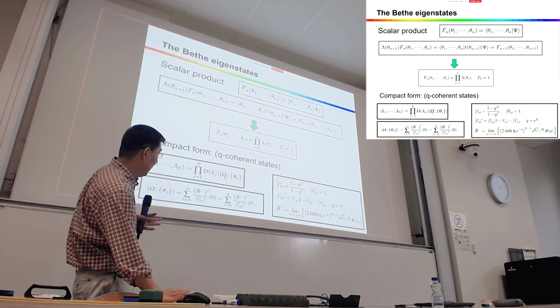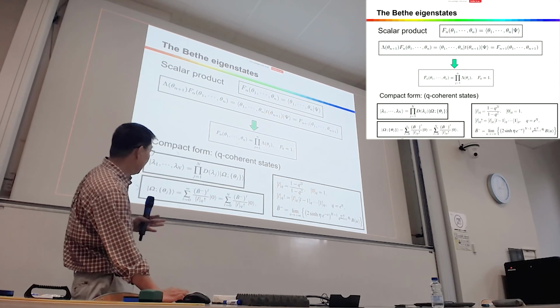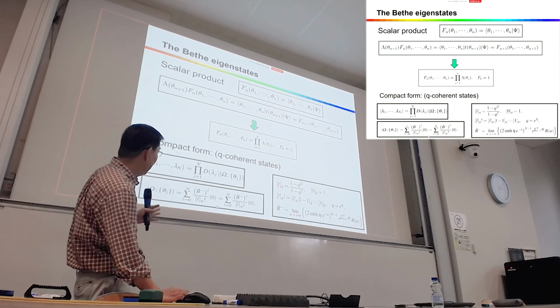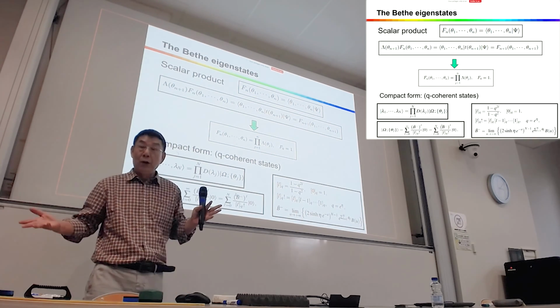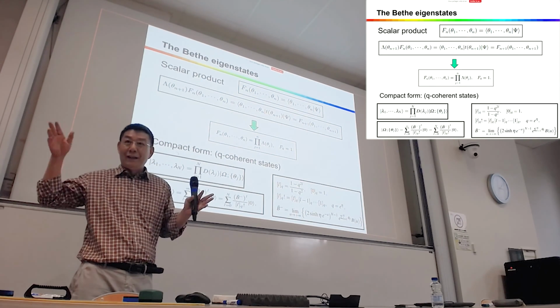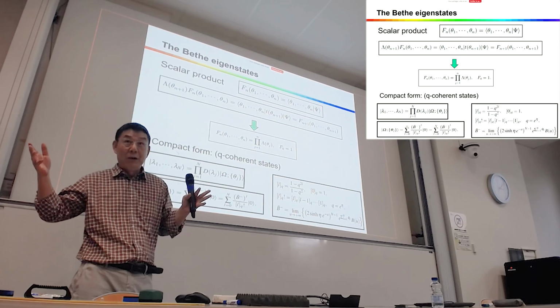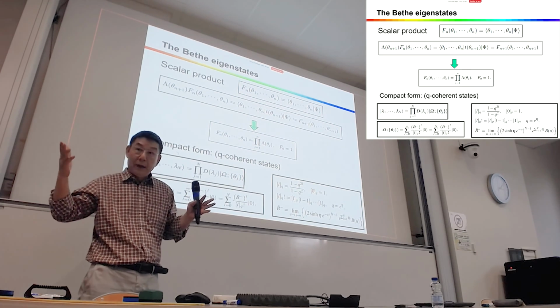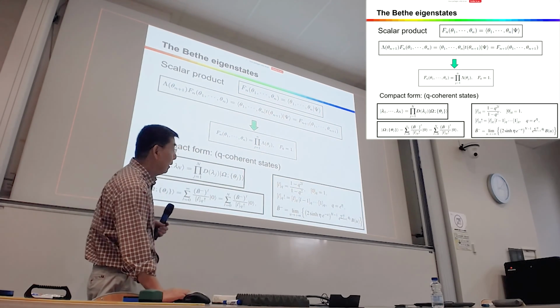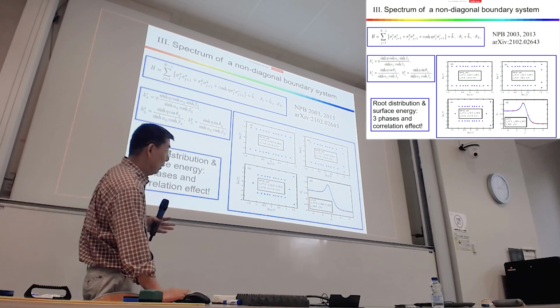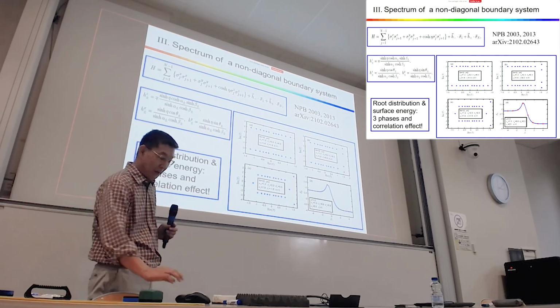Omega can be retrieved as this. In the homogeneous limit, Omega is just the spin coherent state. It's very complicated. For the open boundary, we have the same story.